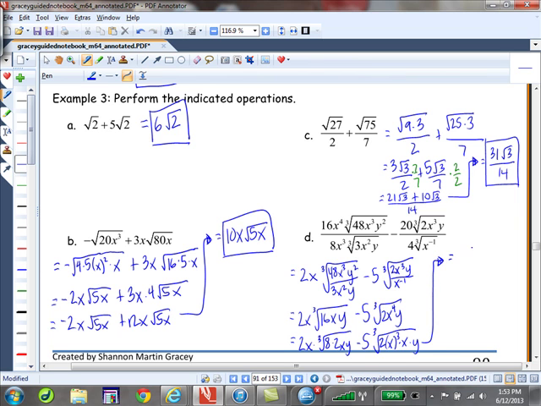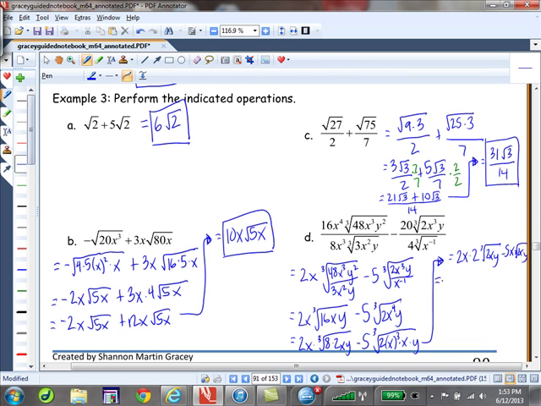So now we'll have 2x times the cube root of 8 is 2, and then I'll have the cube root of 2xy remaining. And then I can take out an x, so I'll have minus 5x cube root of 2xy. Sorry, I'm running out of space here.